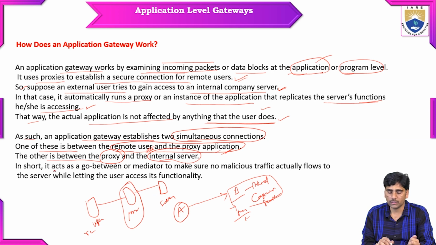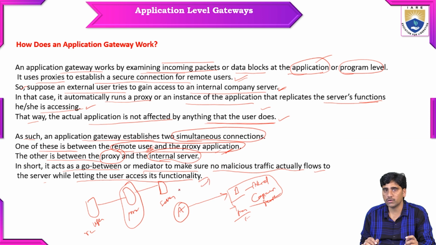In short, it acts as a go-between or mediator to make sure no malicious traffic flows to the server, while letting the user access its functionality. So this is the way the application level gateway works.